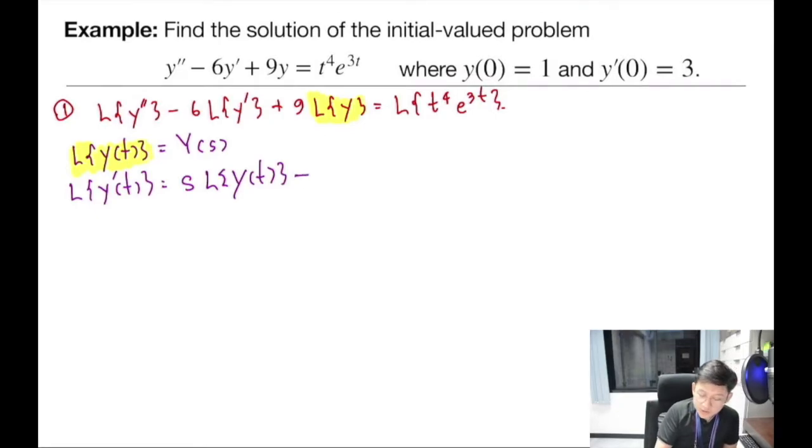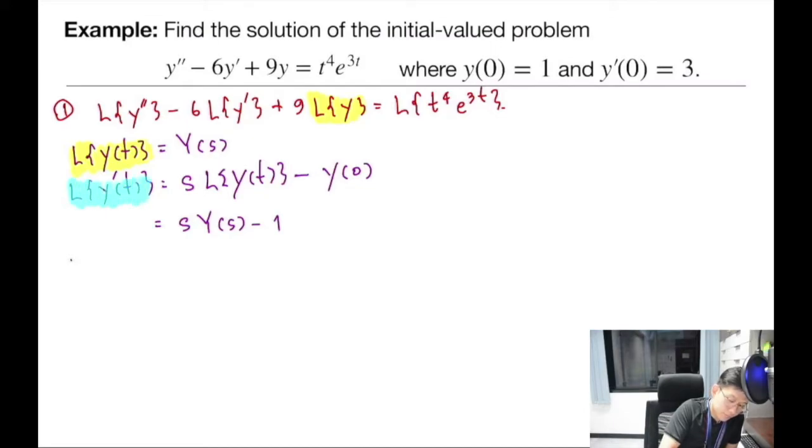So we get s and then y(0), and I can write it this way: s Y(s) minus y(0), and y(0) is 1. And so we get this term.